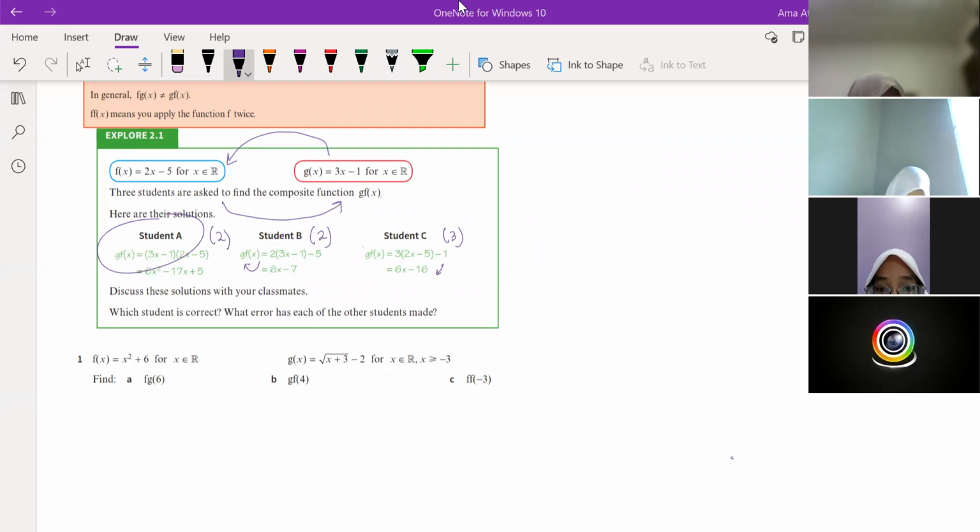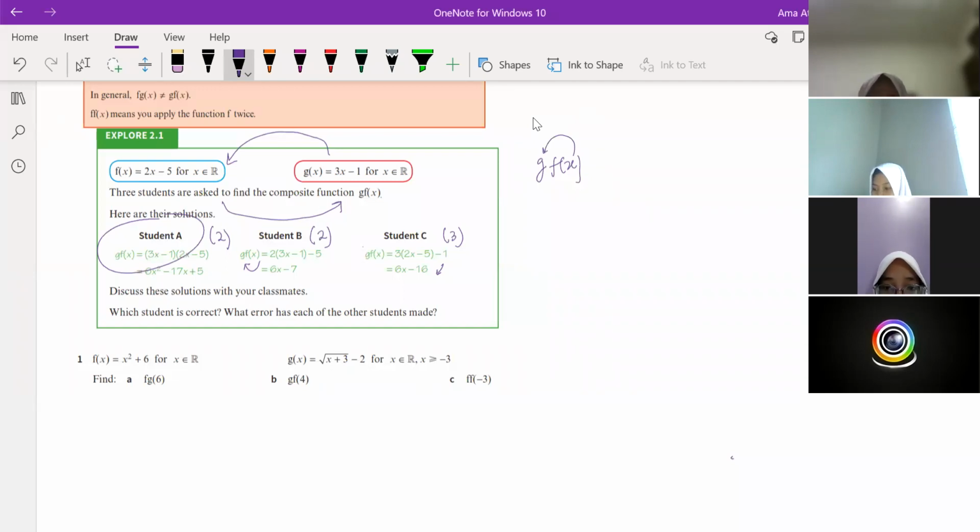So now let's discuss which one actually gives the correct solution. When we are going to find the composition of functions g of f of x, it means we are going to insert f into g.